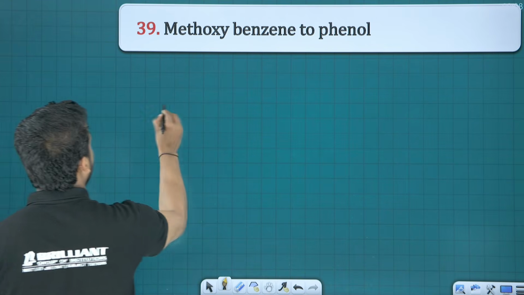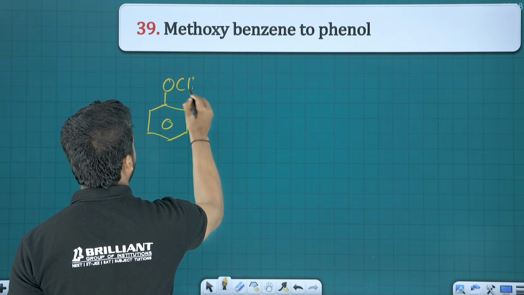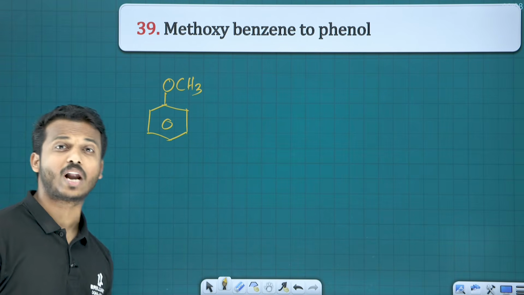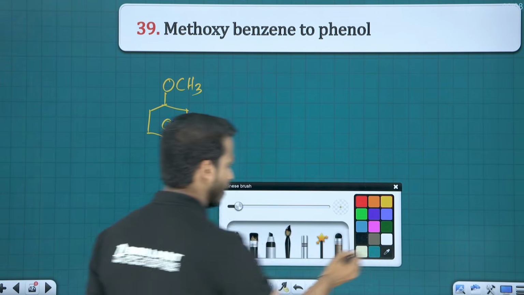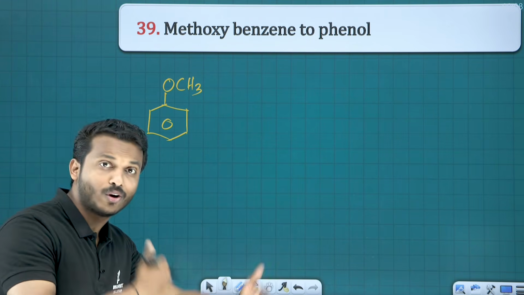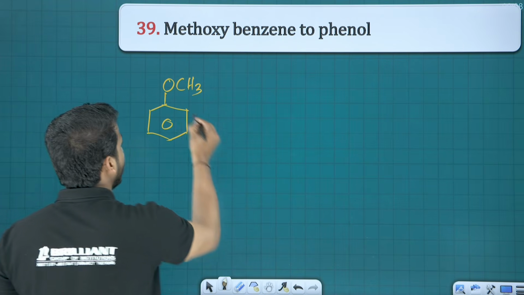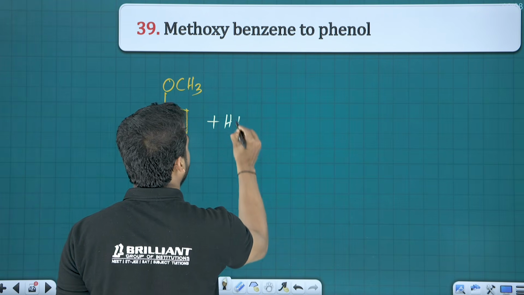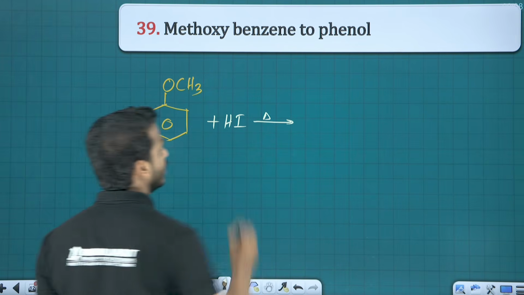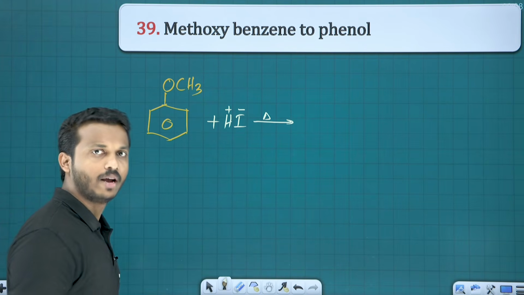Next one, methoxybenzene. What is methoxybenzene? OCH3, right? Methoxybenzene is also called anisole. Methoxybenzene to phenol, and phenol to methoxybenzene, they also ask the reverse. So what is the simple reaction? Just heat with HI. Hydrogen iodide contains H plus and I minus.